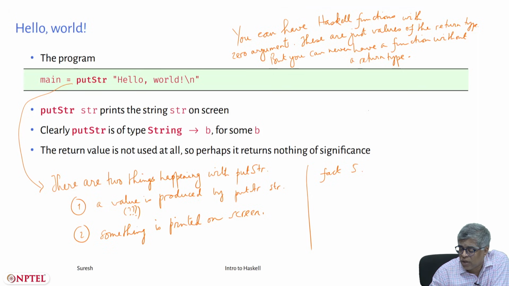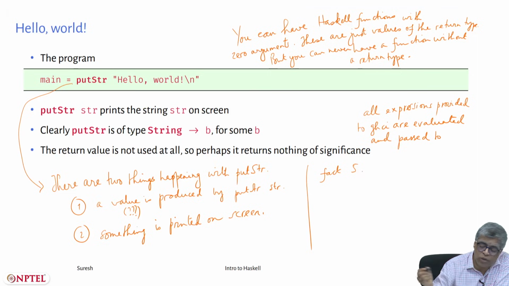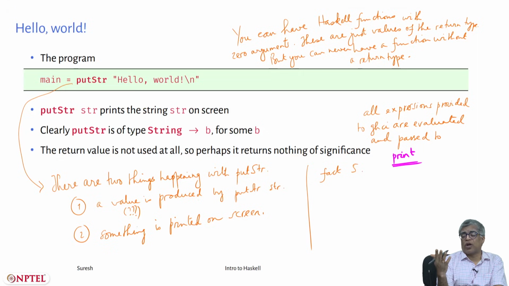Because in GHCI, all expressions are evaluated and passed to a specific function called print, which is why something is printed on the screen. But as far as GHCI is concerned, if you give a function, the function should be evaluated.